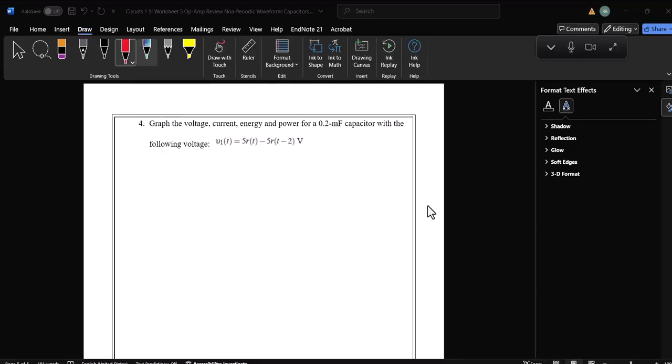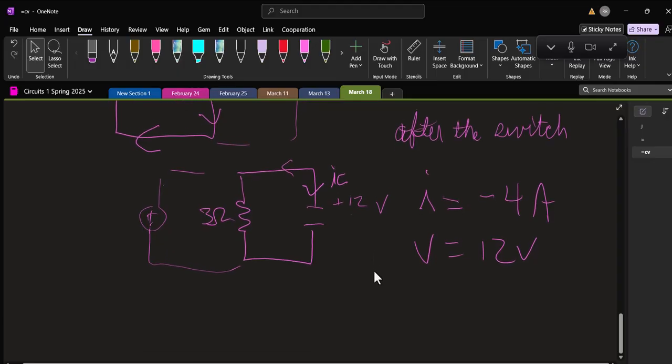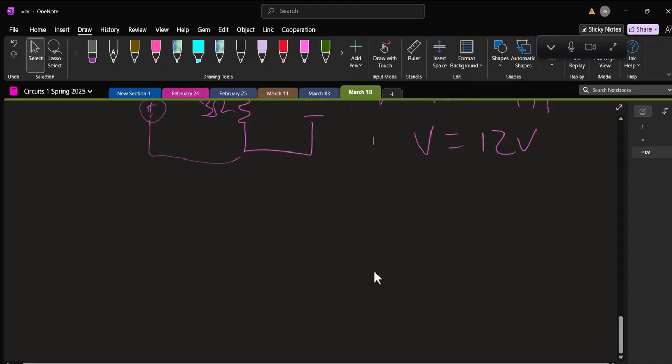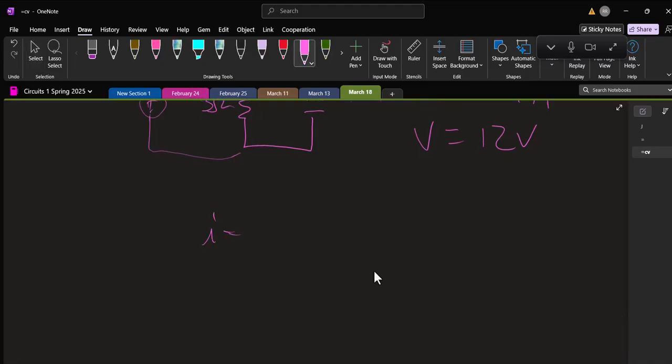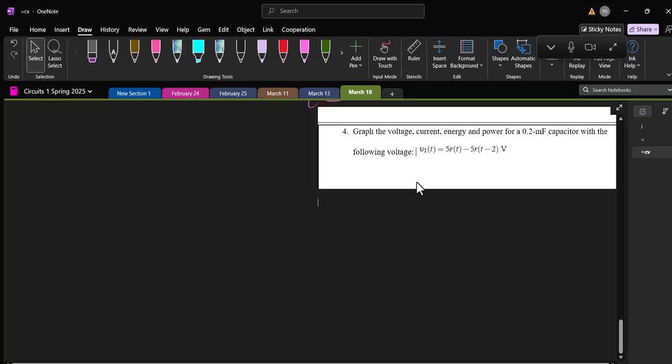Yeah, it absolutely does. But that would be later. This is just instantaneously. So when I want to look at I equals C dV/dt, then I have to use that. And I will be using that for this problem.